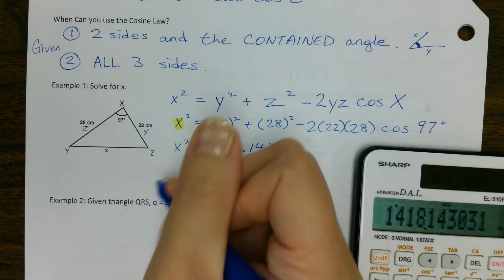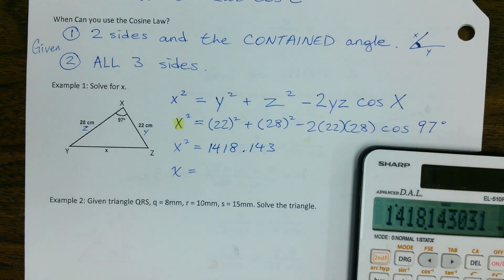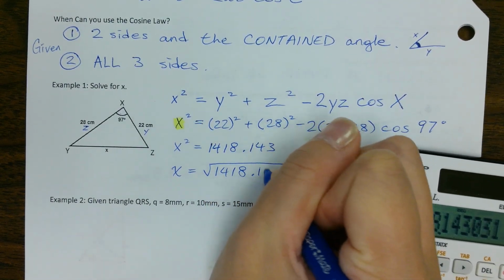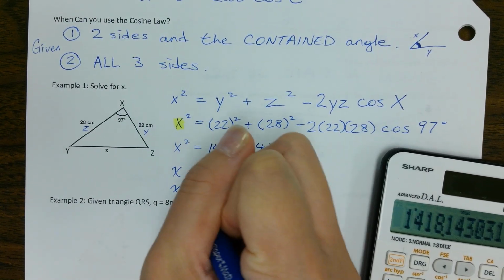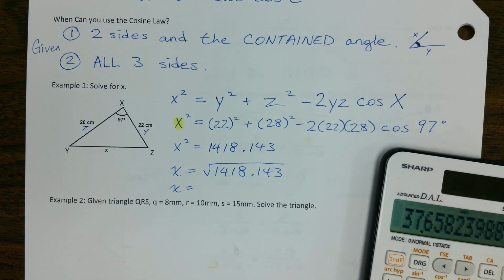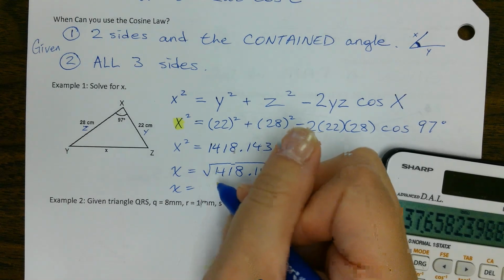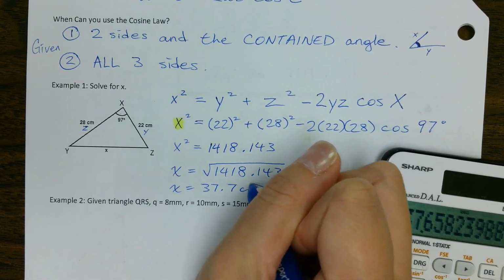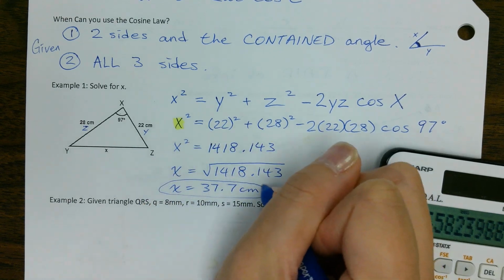So how do I solve for x now? Square root it. Yep, that's right. So x equals the square root of that. I get 37.7, and my unit is centimeters, because it was a length.